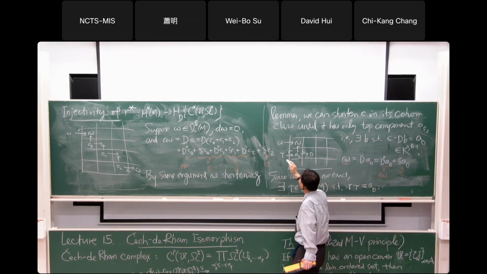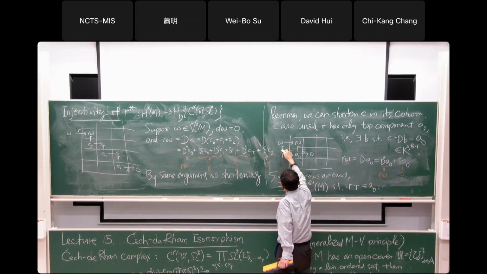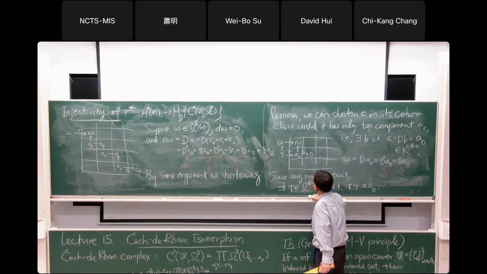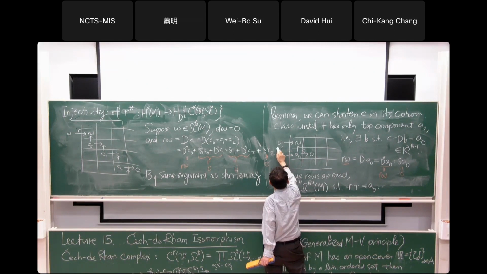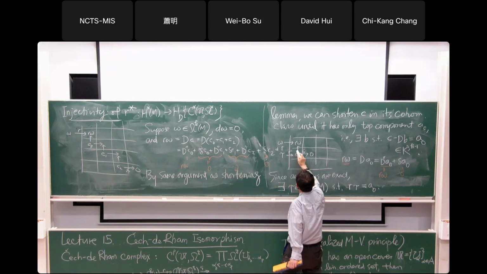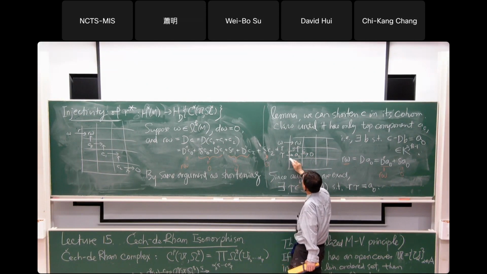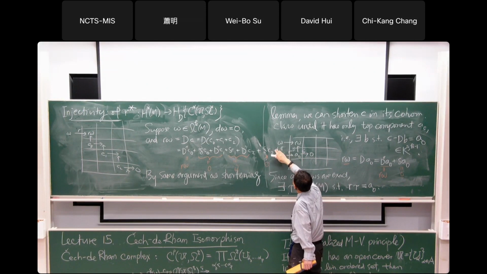And then now let's see. So look at the commutativity of the diagram. Yeah. So D, just a minute.